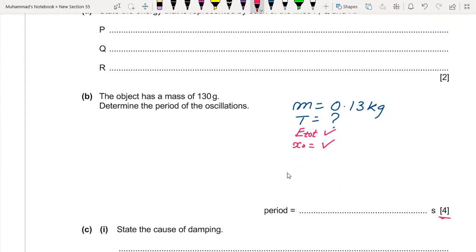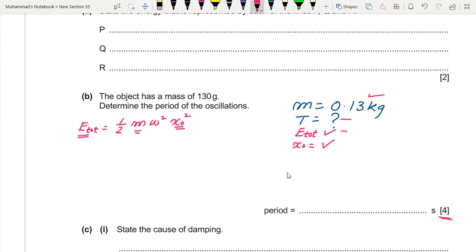This is 4-mark question. So how can we link all these things? You know that E total is, this is very important equation, half m omega square x naught square. So total energy is known, mass is known, x naught is known.